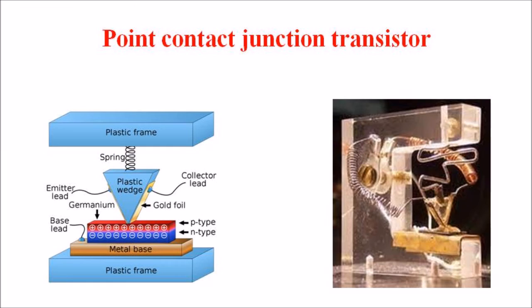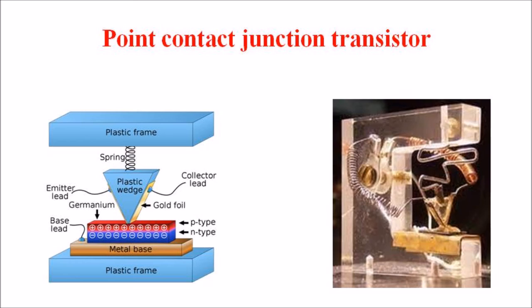The germanium material has an excess of electrons. When the electrical signal passes through the gold foil, it injects holes in the N-type germanium. This creates a thin P-type semiconductor layer over the N-type semiconductor layer. A small current applied to one of the two contacts influences the current flowing between the other contact and the base upon which the block of germanium was mounted.